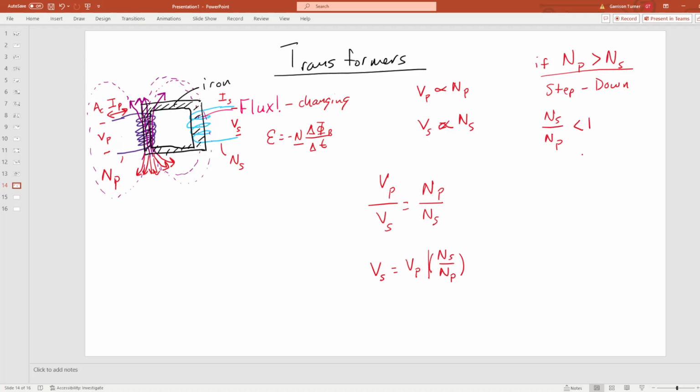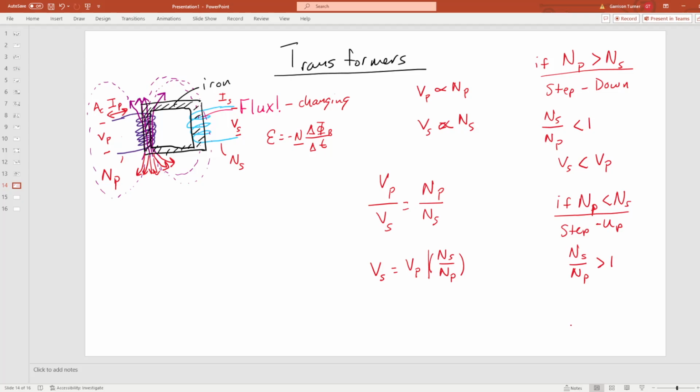And so that means that Vs is going to be less than Vp. Okay? But if NP is less than NS, then this is a step-up transformer, and this ratio NS over NP is going to be greater than 1.